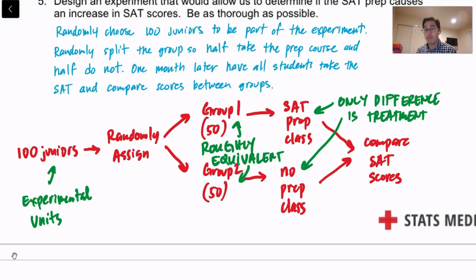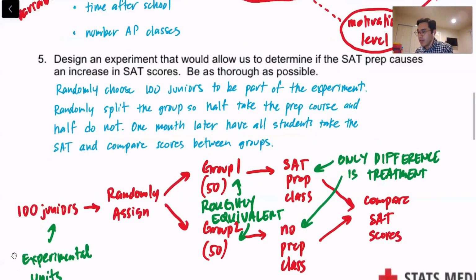It's not going to be because of motivation level, because we know that motivation level would have got split up evenly from the random assignment. Okay, any differences in the SAT scores aren't going to be based on the student's family income or affluence, because random assignment would have split that up equally as well. Okay, differences in the SAT scores cannot be due to, what was another one we had?